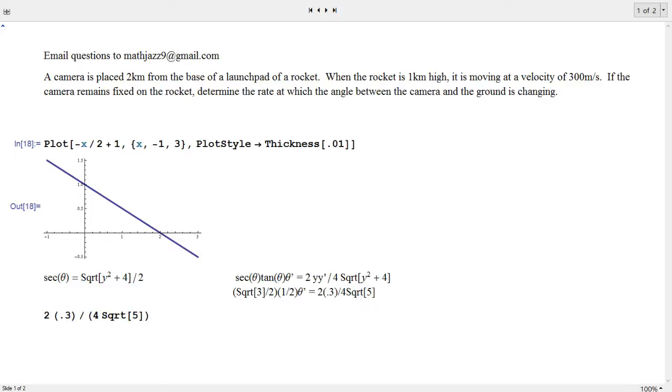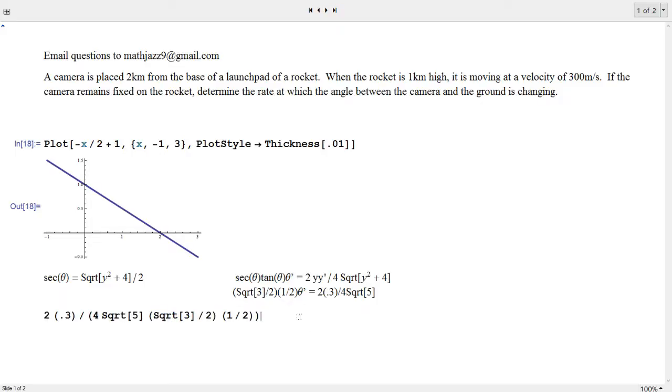And then we're also going to divide by the square root of 3 over 2, and divide by a half. Now that's the same as multiplying by 2, but I'm just going to plug it in like that. So this is our value for theta prime.